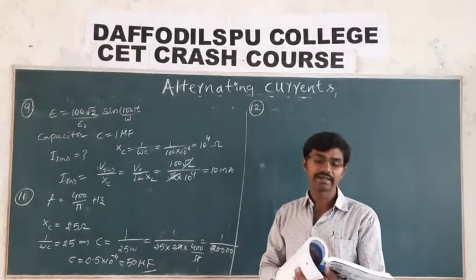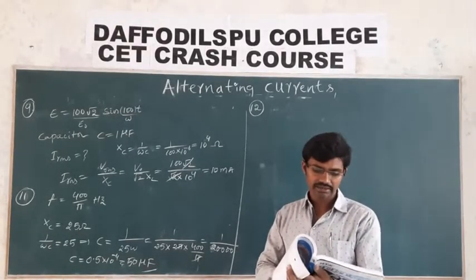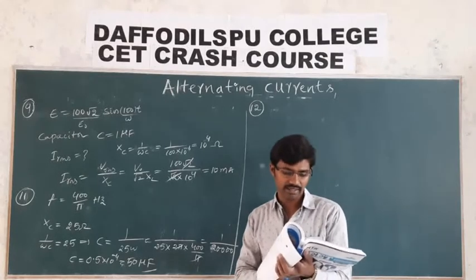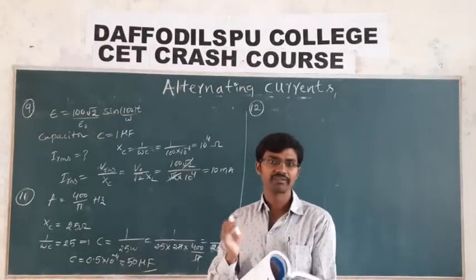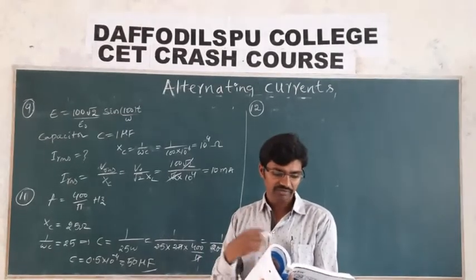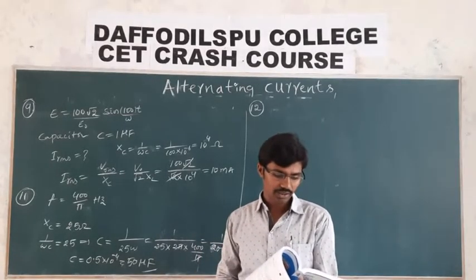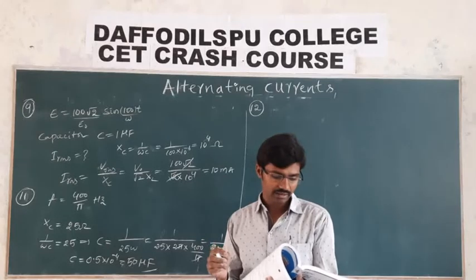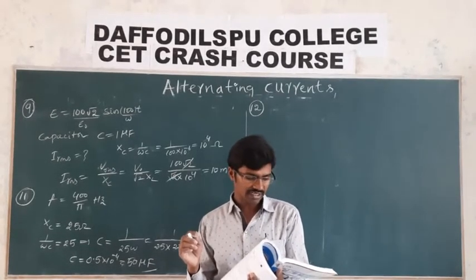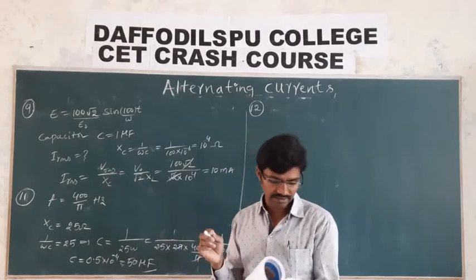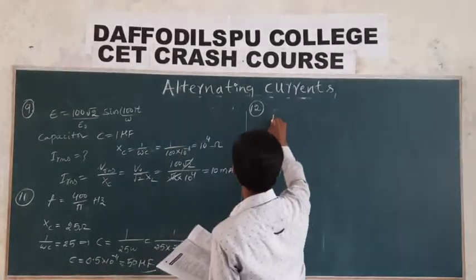An inductor and a resistor in series are connected to an AC supply of variable frequency, so the frequency is changing. As the frequency of the source is increasing, what happens to the phase angle between the current and the potential difference across the circuit? What is the phase difference here?